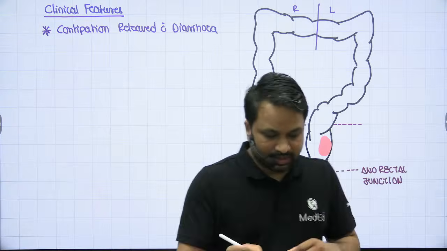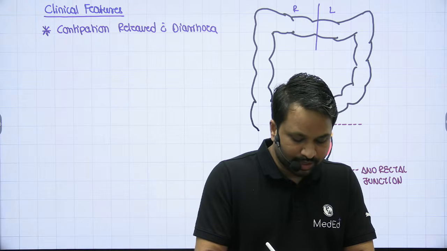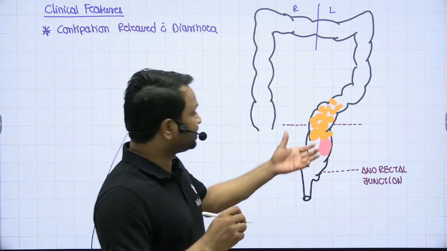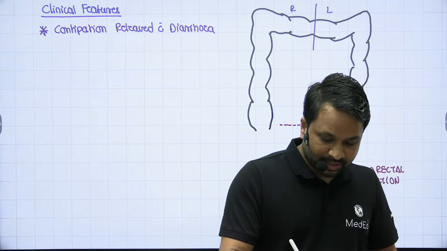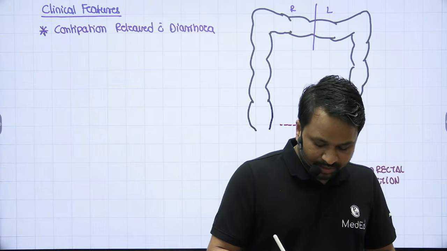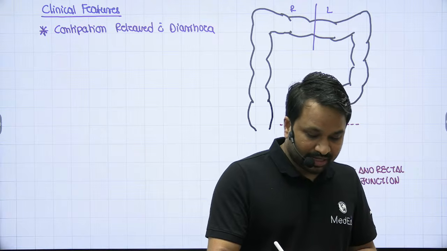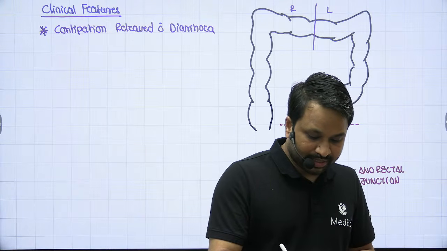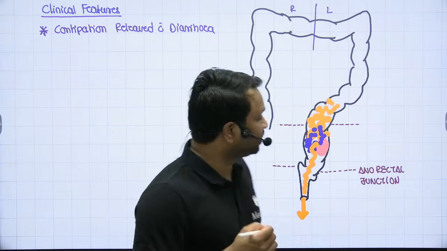All the stools that are present come and get blocked here because there is a mass or growth here, so the patient will not be able to defecate. Hence there is a constipated feeling. Because it's a tumor, it has the ability to secrete. There are a lot of secretions from the tumor, and that secretion will liquidate the entire stool. And now the patient will present with diarrhea.